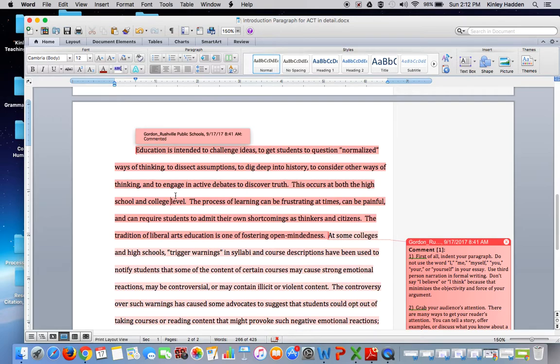Opponents believe these warnings are a dangerous form of censorship and limit academic freedom. While trigger warnings should be used to warn students of graphic, potentially controversial and disturbing content, students and teachers should not avoid controversial topics, nor should they be able to opt out of engaging in such content.